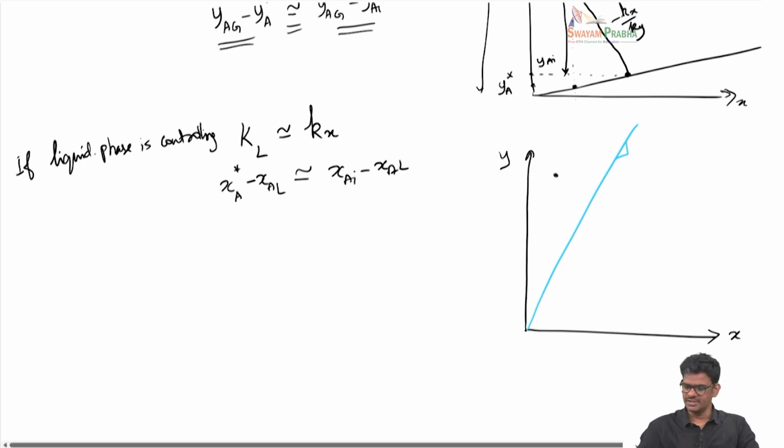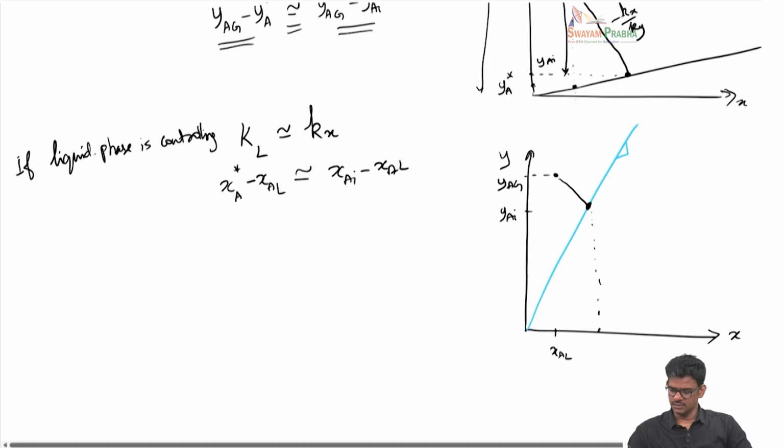So my point P is here, corresponding to YAG, and this is XAL, and this is my YAI, this is XAI, and I am going to calculate this XA star based on the equilibrium line.